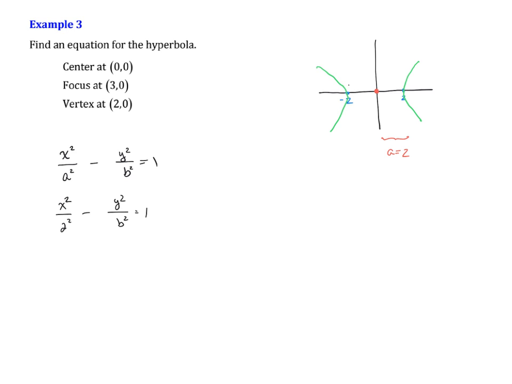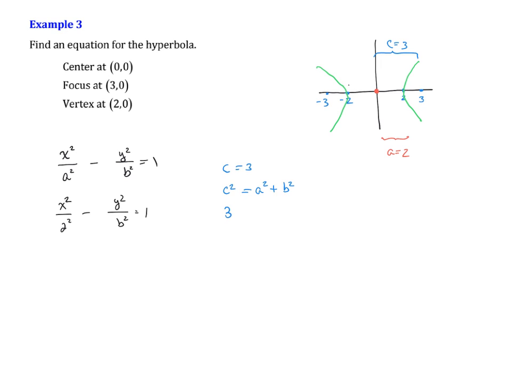Well, what is b? Well, the focus resides at 3, 0. At least one of them does. That means that the other one's at negative 3, 0. But what's the distance between the center and the focus? That's c. So c equals 3. And we know that c squared equals a squared plus b squared.